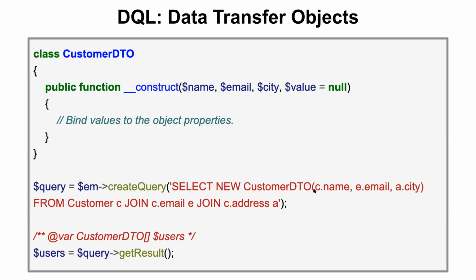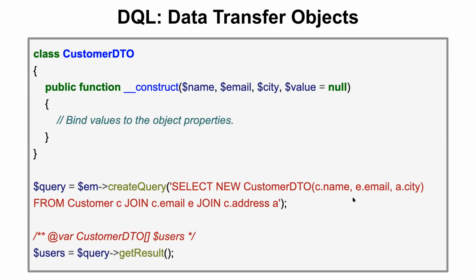It's literally just a plain old PHP object. And the arguments that you pass to CustomerDTO here are values from the SQL query, and they get passed through the constructor of the class that you pass to the NEW argument. So I may join and make a really complex query and combine data from multiple relationships across the database.